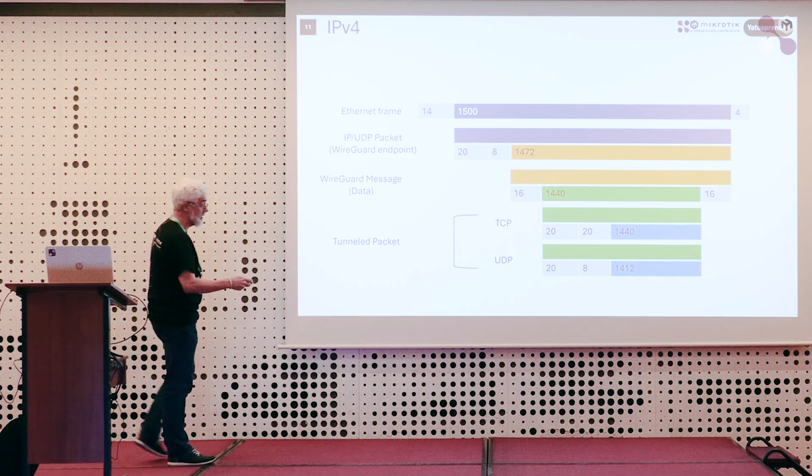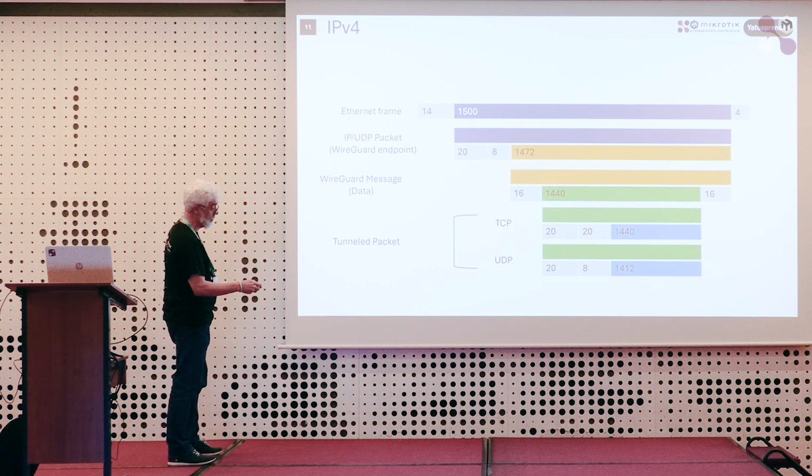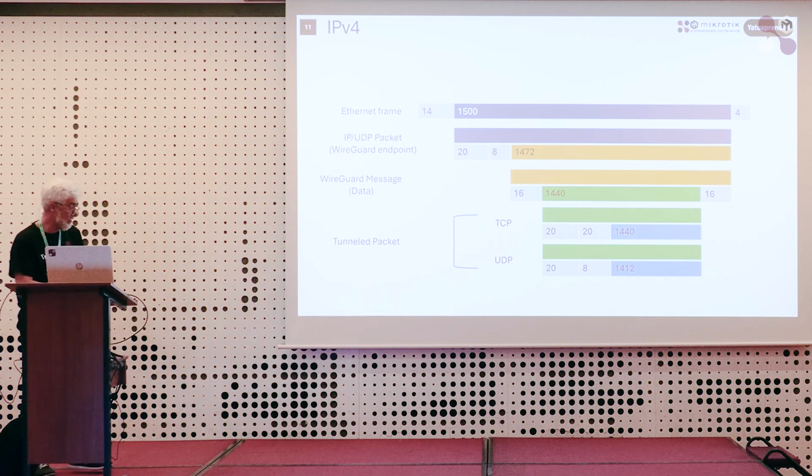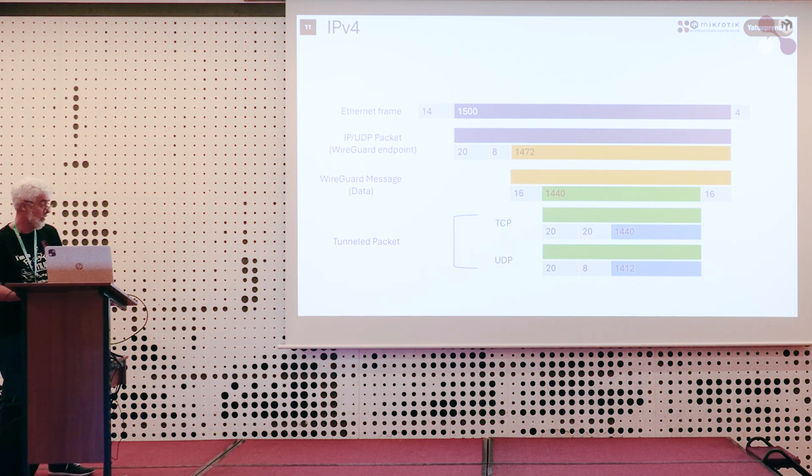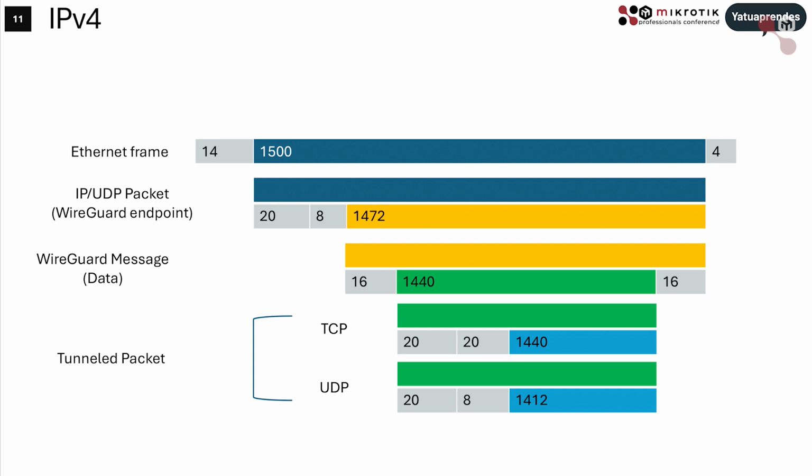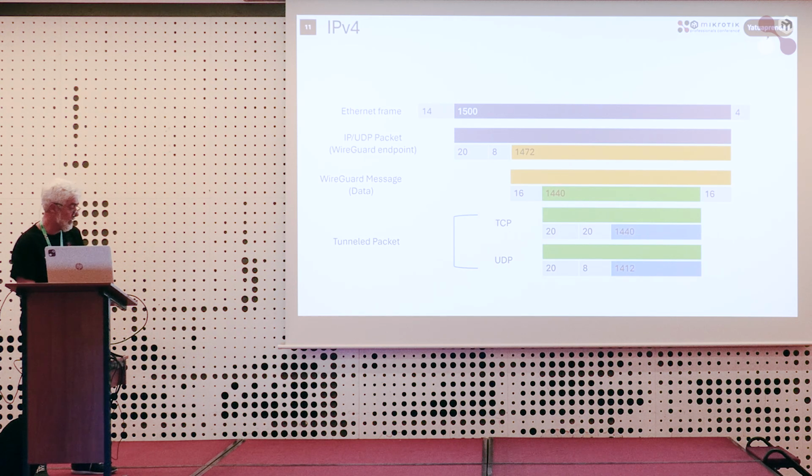The resulting payload, whether we use TCP or UDP inside the tunnel, is an effective payload of 1,440 for TCP or 1,412 bytes for UDP.